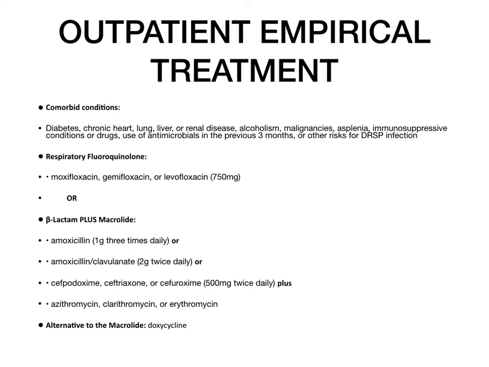But in a subset of patients who have comorbid illnesses like diabetes, chronic heart, lung, liver, or renal disease, alcoholism, malignancies, asplenia, immunosuppressive conditions or medications that cause immunosuppression, or antimicrobials in the last 3 months, or risk factors for drug-resistant Streptococcus pneumoniae infection, they cannot be treated with a macrolide. Instead, they should be given a respiratory fluoroquinolone as outpatients.